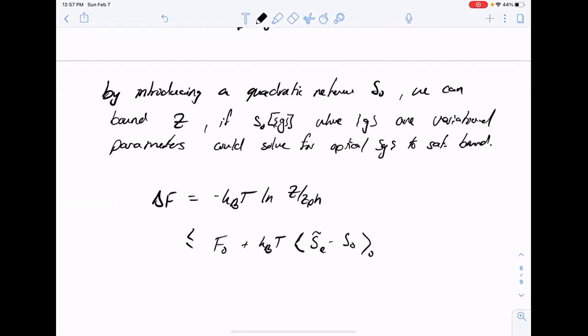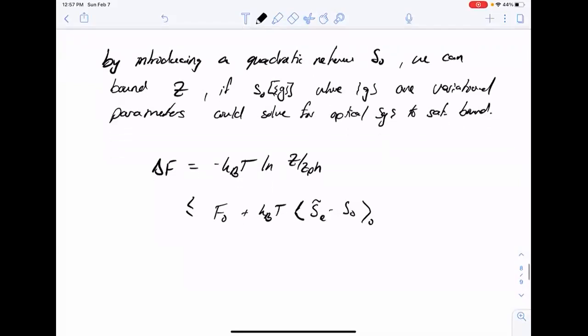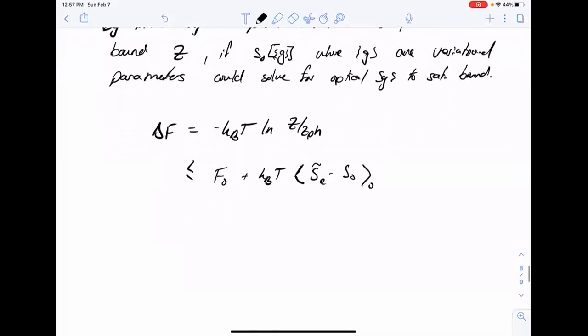What I will leave for you all in the notes, since we're running a little late, is to go through, one could go through and take a reference action close to the non-interacting electron limit.